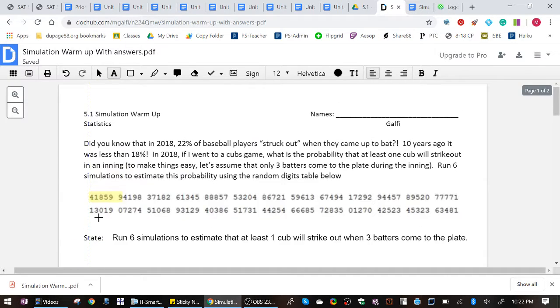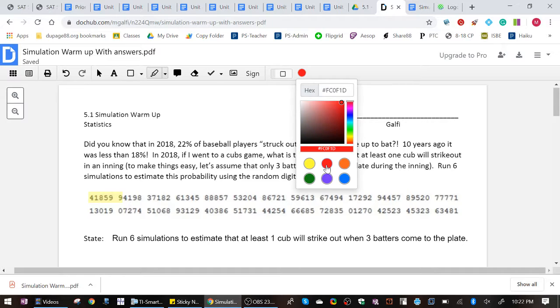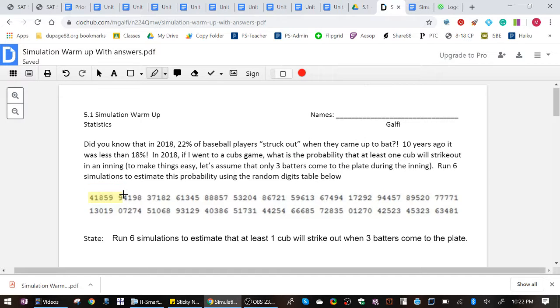Now I go to number 2, the next. Let's change the colors here. Do red. The next three batters: I've got 41, 98, and 37.